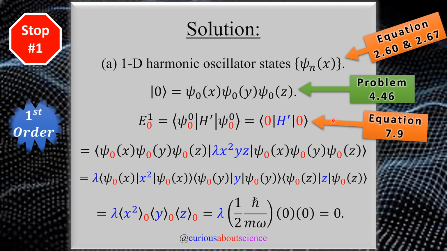We want the first order corrections to the new perturbation. So we have to take the expectation value of this ground state with the perturbed Hamiltonian. That's what we see summarized here with the expectation value. If we plug in everything, just to get our notation straight, we have psi n where n equals 0, so we're cool, and we just have all the variables, the perturbed Hamiltonian, all in the ground state.